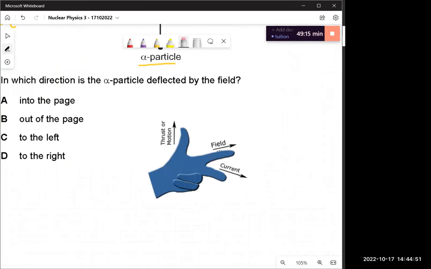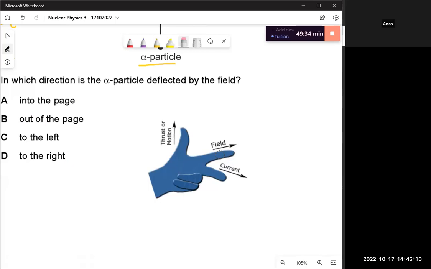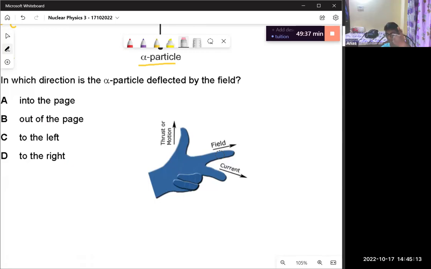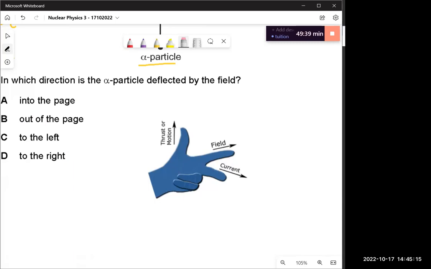Now put your index finger, your first finger, towards you. Once again, towards you, and just do it properly, and keep the camera on.